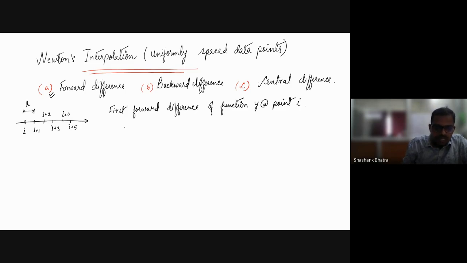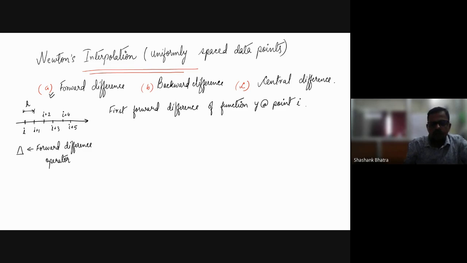I should write it down here itself: this delta is the forward difference operator.